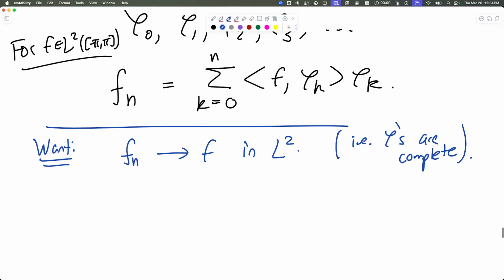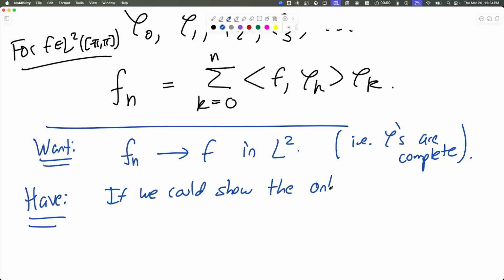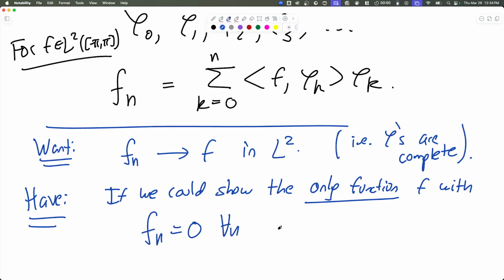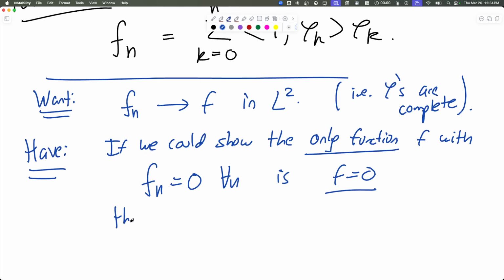We have a theorem that we just proved a minute ago. It says that if we could show the only function f with all inner products of f with phi n equal to 0 is f equals 0, then we would have completeness.